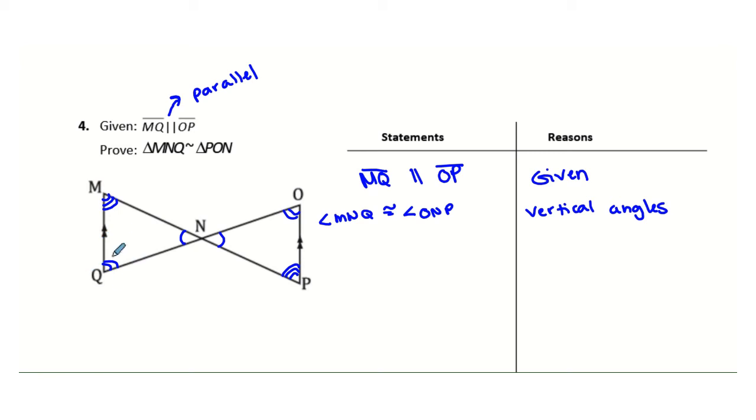I'm going to use these as my alternate angles, but you could also use angle P and angle M, however you want to do it. So I'm going to say that angle MQN is congruent to angle NOP because they are alternate interior angles.